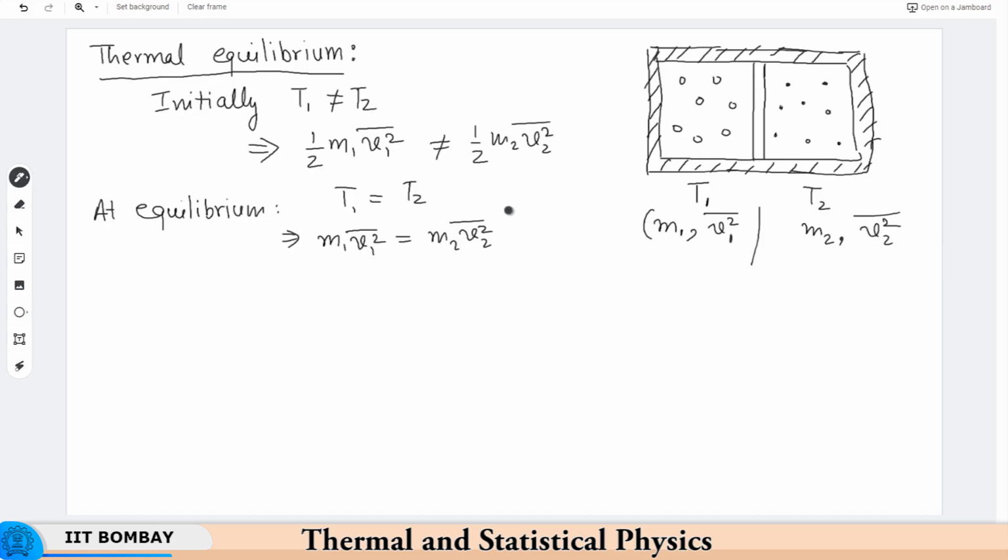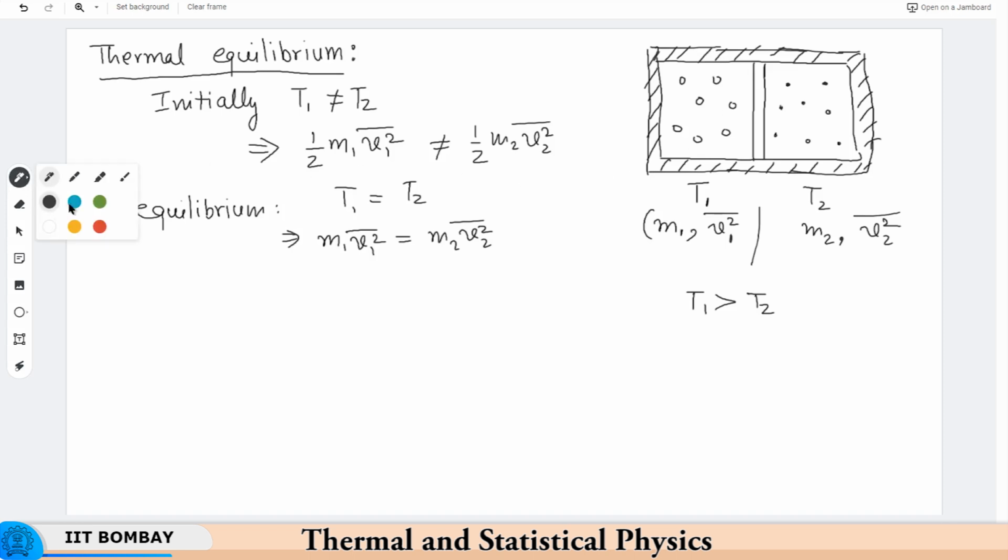So, now let us try to understand how this actually happens, right. So, let us assume our T1 was greater than T2, right, which means these molecules on average have much higher kinetic energy than the molecules on the right side, okay. So, remember due to finite temperature, they are constantly moving around, hitting the walls of the container, but since this is an insulating wall, they do not really lose any energy.